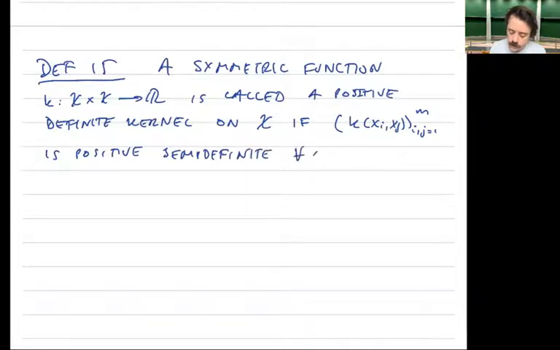This is for all x1 up to xm and m in the natural numbers.